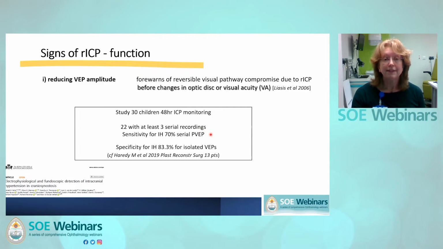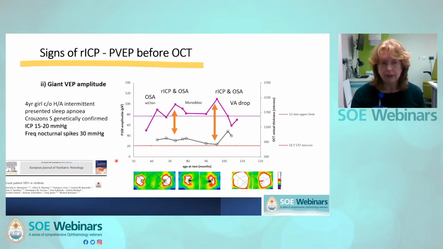And we found that the sensitivity for detecting intracranial hypertension was 70%, whereas the specificity for an isolated VEP was 83%. And the 70% is very, very similar to some colleagues in America who had published some data in a smaller group. So we know that the VEP is a very important adjunct in looking at raised ICP.